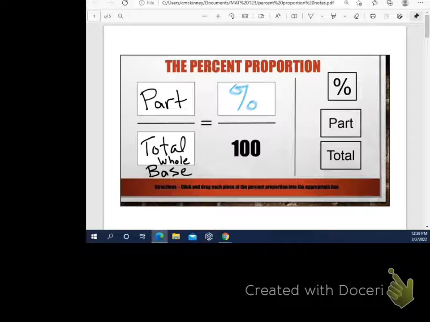So just know any of those three words. Not trying to make life harder than it has to be, but just so that you're aware, all of those words, not just the word total, any of those words could be what I would put at the bottom. All right? And you can ignore the part at the bottom. This says drag things because it was set up so that, like in Google Slides, you could do an activity. And I just printed that, so.